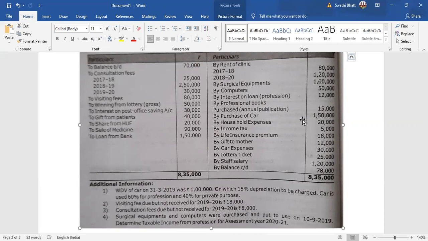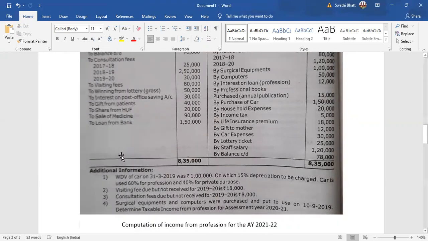So when there is capital expenditure, you don't write the purchase amount of the asset. You only charge depreciation on that asset. Now, look at this. You have a purchase price of the car. You also have the written down value. Again, I'm repeating, please watch the depreciation video to get a clear picture of how to calculate depreciation.